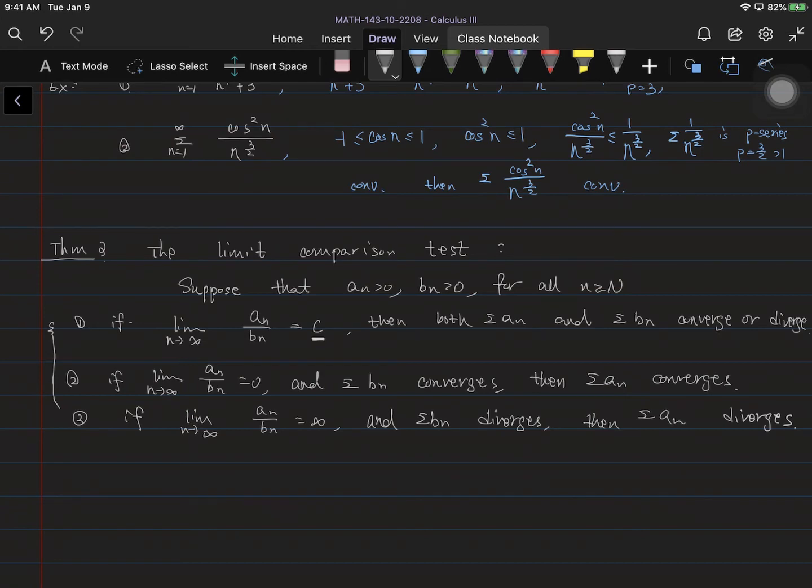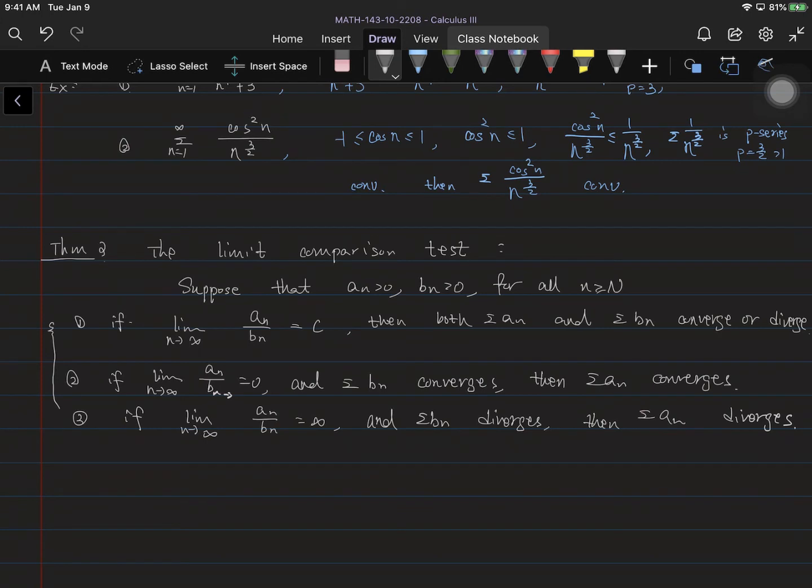The second one, if an over bn goes to 0 and bn converges, the partial sum of bn goes to a finite number, or you can say bn goes to 0, because for a convergent series, the nth term has to go to 0, right?